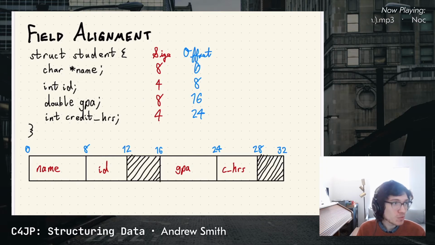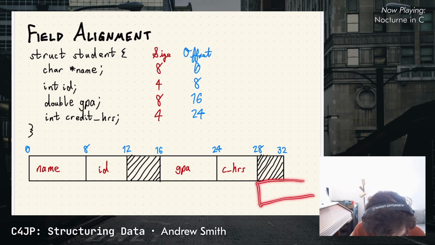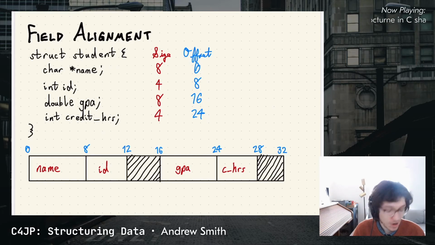And so if we were to just place another struct student right here at offset 28, what would happen is that our pointer would have to start on an offset that is not a multiple of 8. And so as a result, we add extra padding to the end of our struct in order to make sure that it can be aligned on a boundary that matches the size of its largest member.